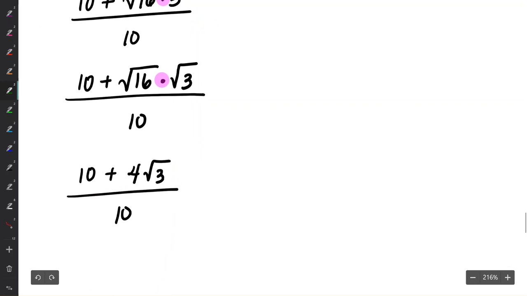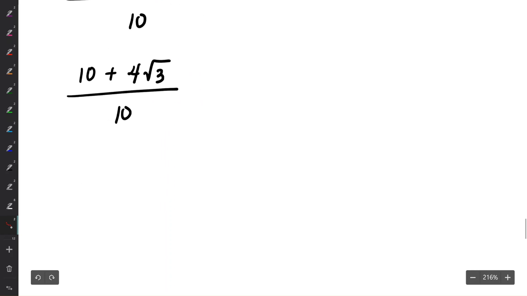Okay? But we don't want to stop because we really have a fraction here and we have a common factor in my numerator and my denominator. So I see, when I look at 10, 4, and 10, I see that they all have a 2 in them. 2 times 5 gives me 10. 2 times 2 would give me 4.